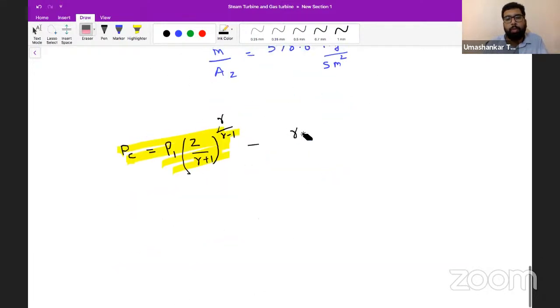So we have Cp equal to 1.88 kilojoule per kg Kelvin.